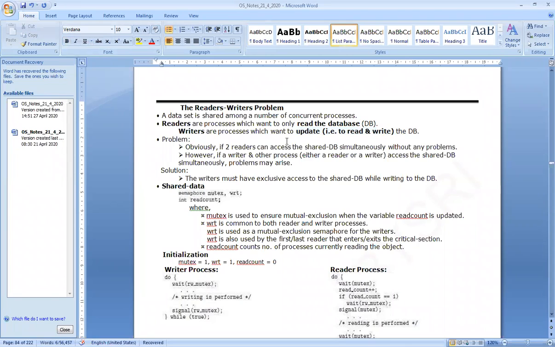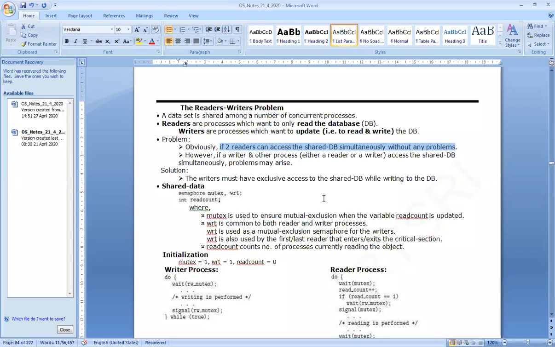When we have this kind of process, where one is a write process and one is a read process, and both want to perform some operation on the centralized database, they should perform in a synchronous order. That is the condition here. Two readers can access the shared database simultaneously without any problem.